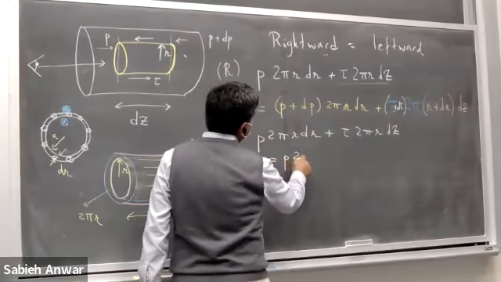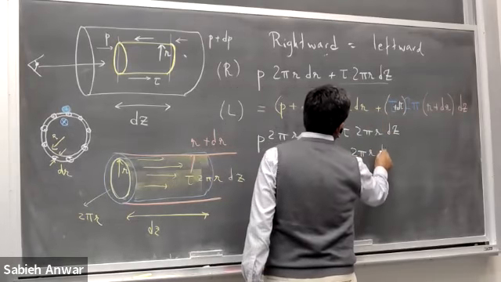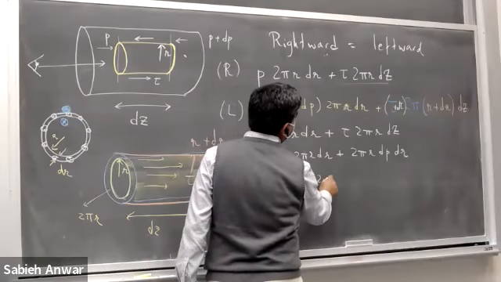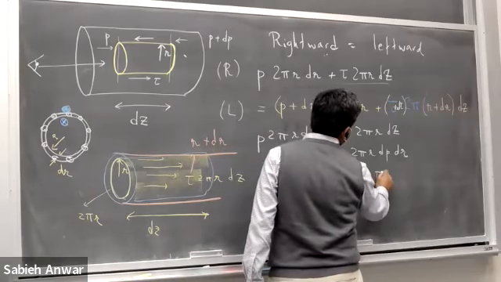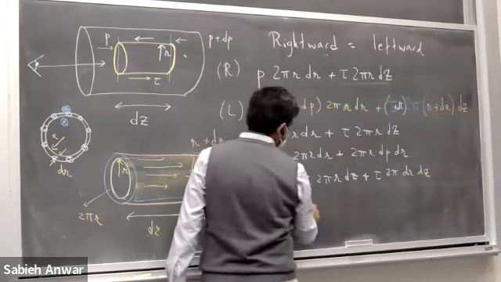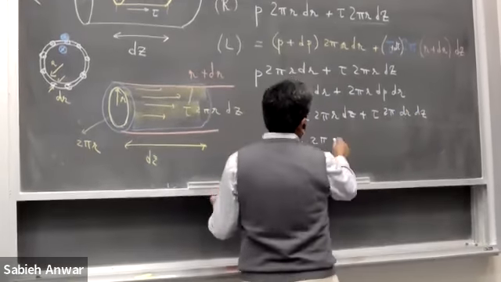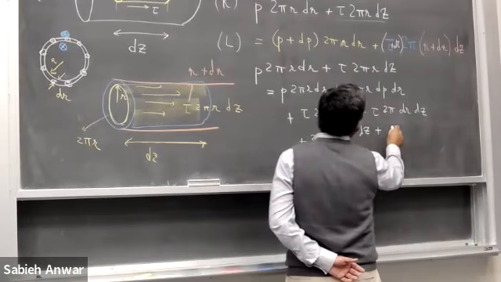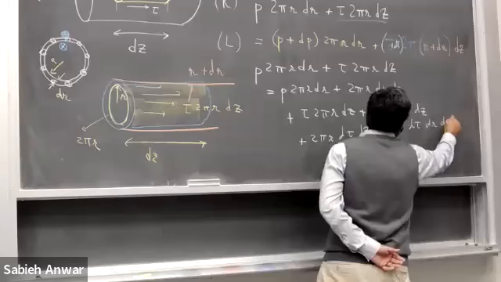The right hand side is P 2 pi r dr plus 2 pi r dp dr plus tau 2 pi r dz plus tau 2 pi dr dz plus 2 pi r d tau dz plus 2 pi d tau dr dz.